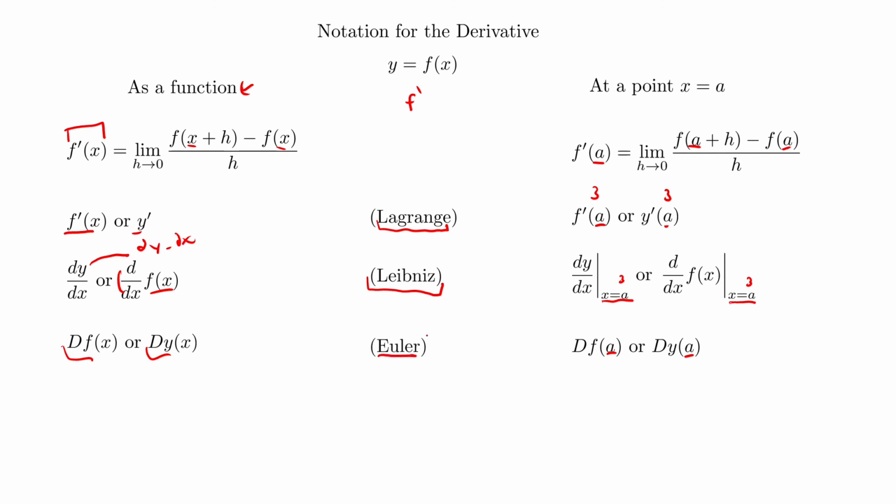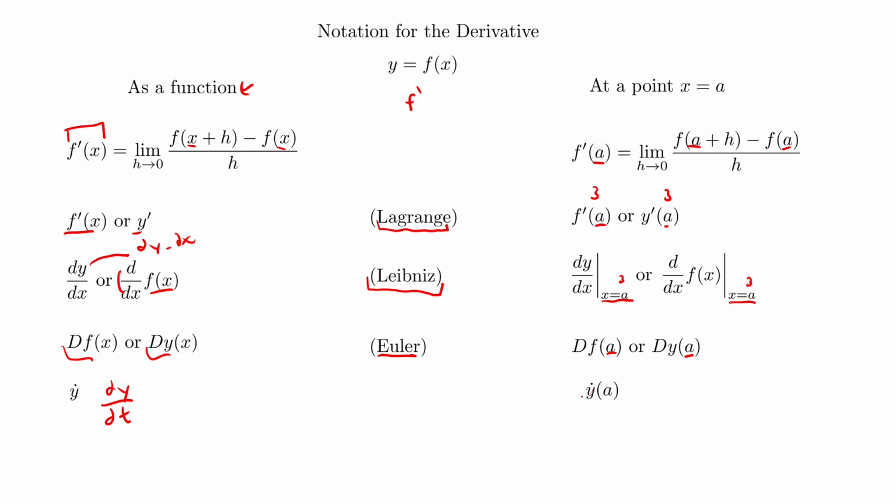And then lastly, we have Newton's notation, and he uses dot notation. So he will use something like y dot. Newton's notation is specifically going to be an indication of a time derivative. So when you see a y dot, you can think of this as the same thing as a dy dt. We're taking a derivative with respect to time.